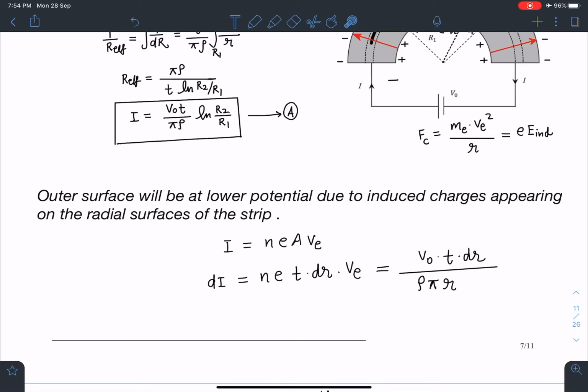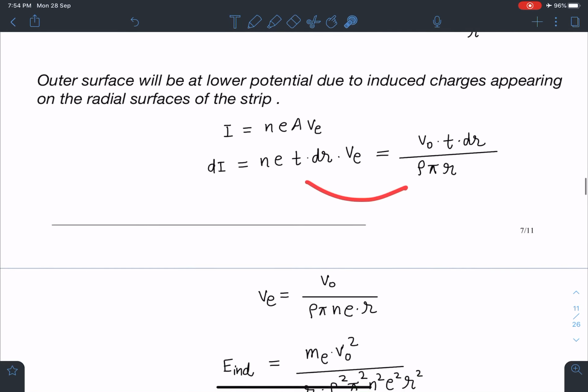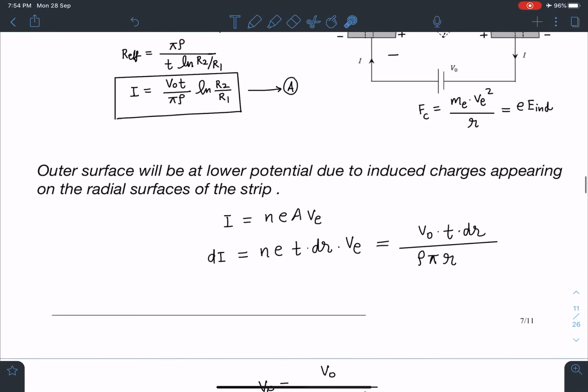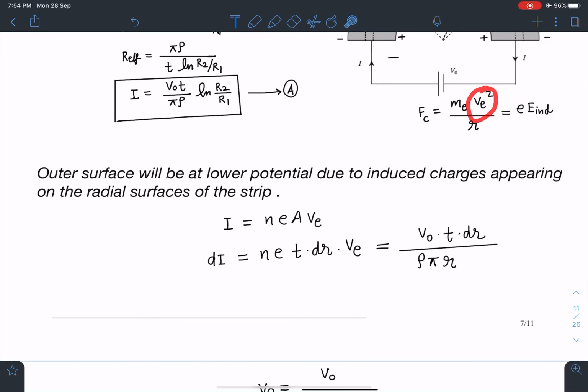When I substitute, the cross-section area of this strip is t dr. Through that, whatever current is passing, I equate those two values. When I do that, I get the velocity of the electron as V naught divided by rho pi n e r.